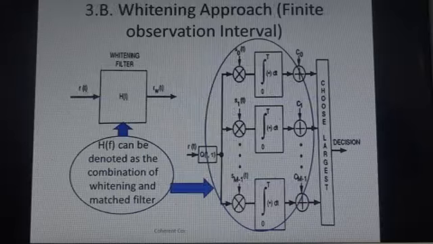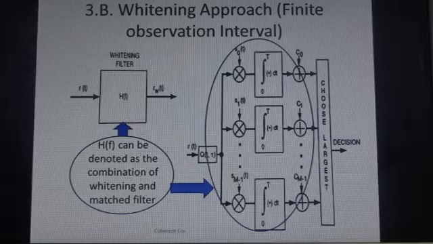In the finite observation interval, we have only one filter, which is a combination of whitening and matched filter. Thank you.